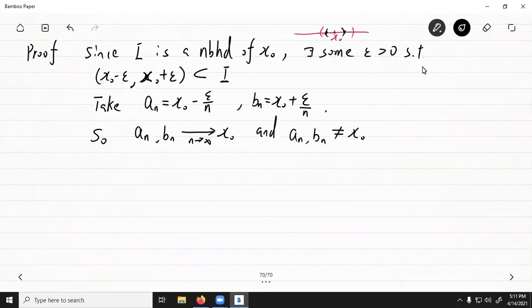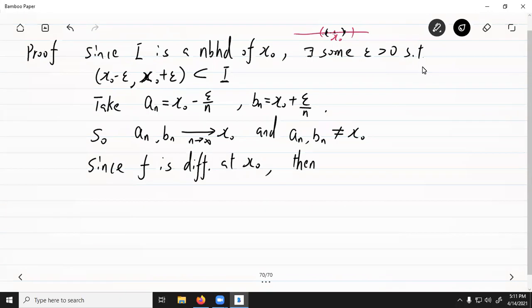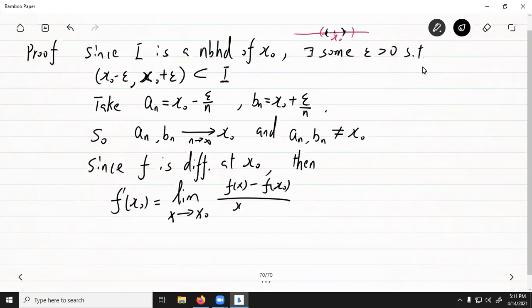Then we can use the definition of differentiability. Since f is differentiable at x0, the derivative at x0 is given by the limit as x approaches x0 of f of x minus f of x0 over x minus x0.